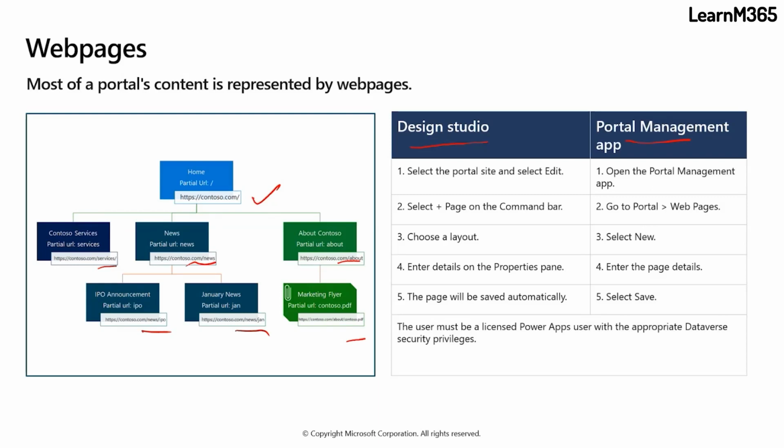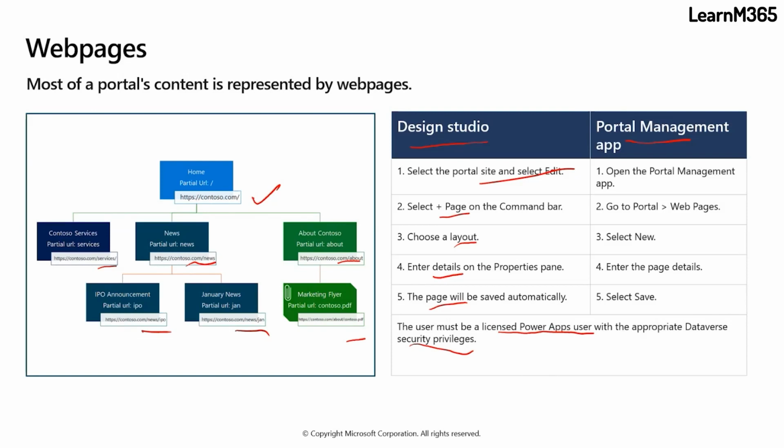If you are going for the Design Studio, you would select the portal site, click on edit, then go to the plus icon you would find on the command bar, choose the layout, then enter the details on the properties pane, and then the page will be automatically saved. For both of these, the user must be a licensed Power Apps user with security privileges.